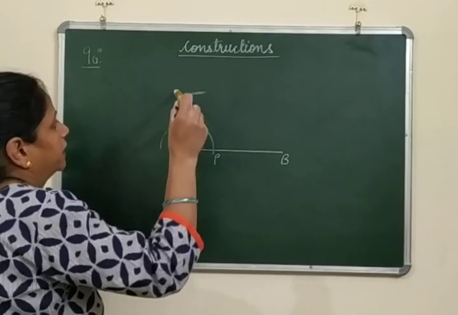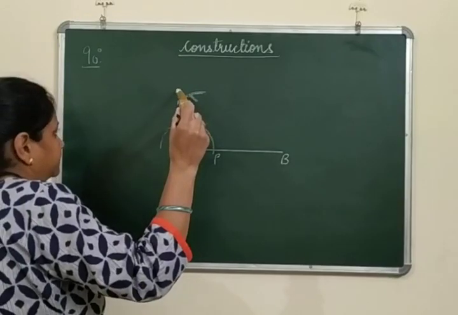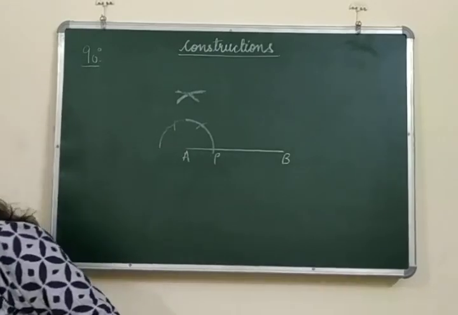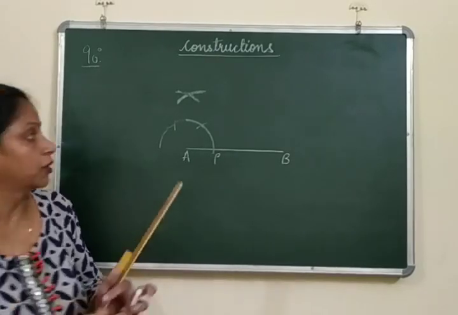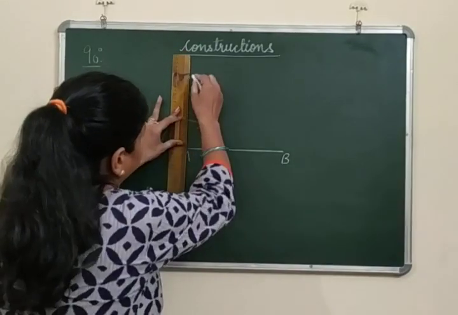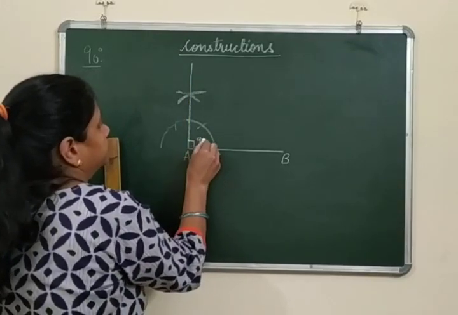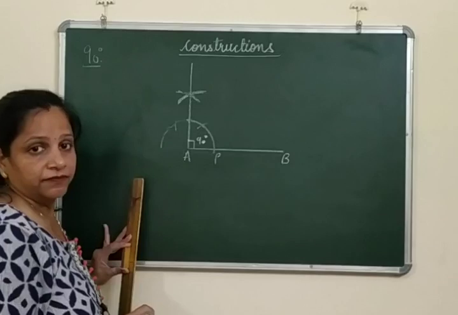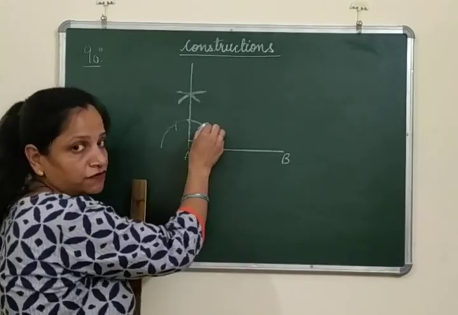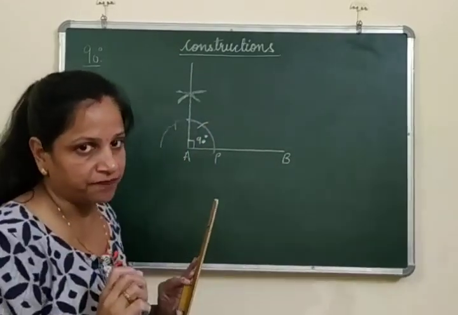Then with another point, we cut the previous arc which we have drawn, and then you take that point and your point A and you join. So this angle is your 90 degree angle. Again, I am telling you, if you join A to this arc, it will be an angle of 60 degree. If you join A to this, it will be an angle of 120 degree, right?